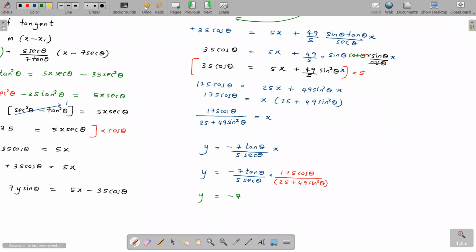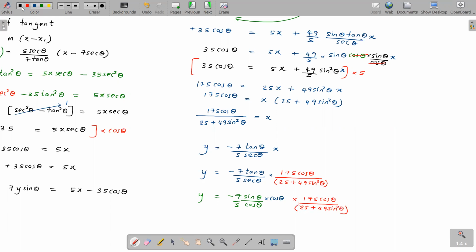Minus 7, tan is sine over cos, there's the 5 here, and the sec we can bring up as a cos. This is just basically rearranging. Times 175 cos theta over 25 plus 49 sine square theta.